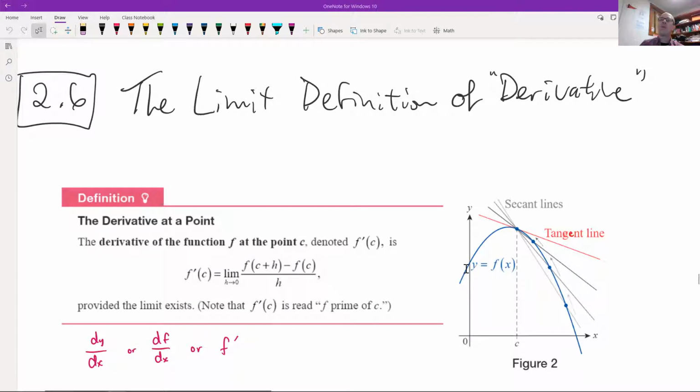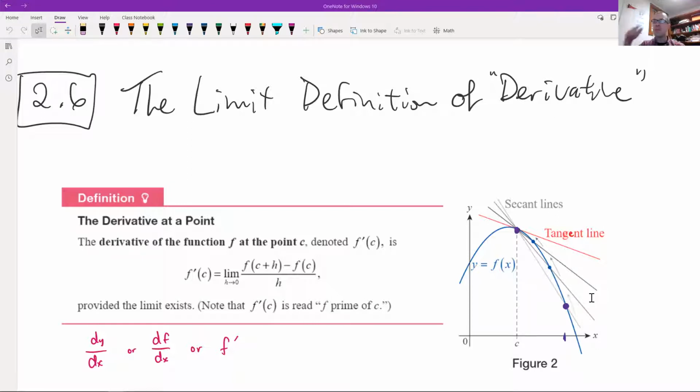But remember that finding average velocity, we have been calculating that using the slope of secant lines, finding the y value corresponding to some number here, and then finding the y value corresponding to some other number over here. You get 2 points.